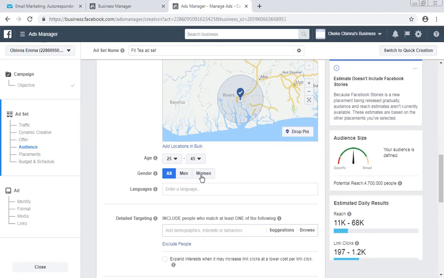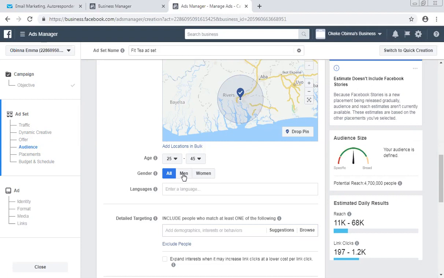Even if I'm selling the same product, yes, I know that a man can use it, a woman can use it, I will run different adverts, one targeting men and another targeting women. From experience, I repeat, so that I can speak to my ideal customer. What it will take to get a lady to buy your product is not the same as what it will take to get a man to buy your product.